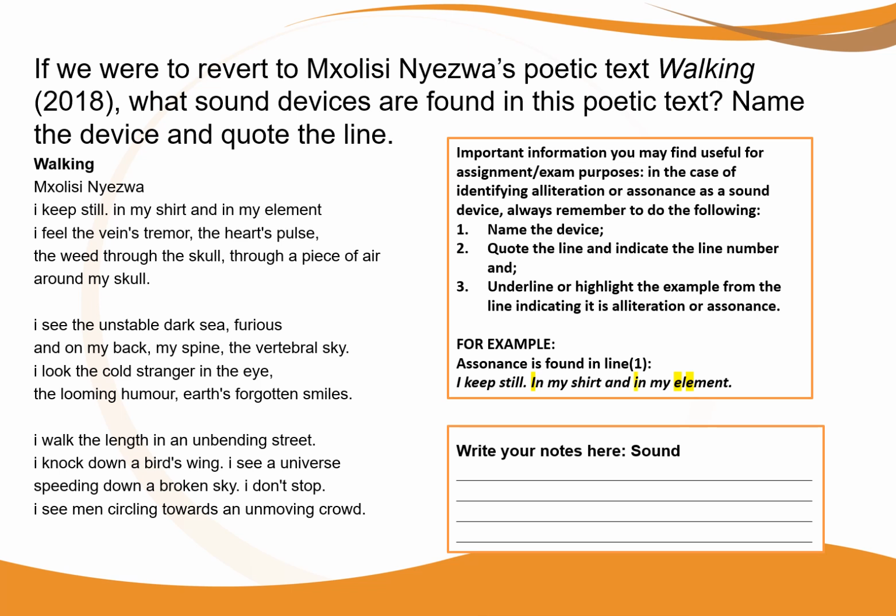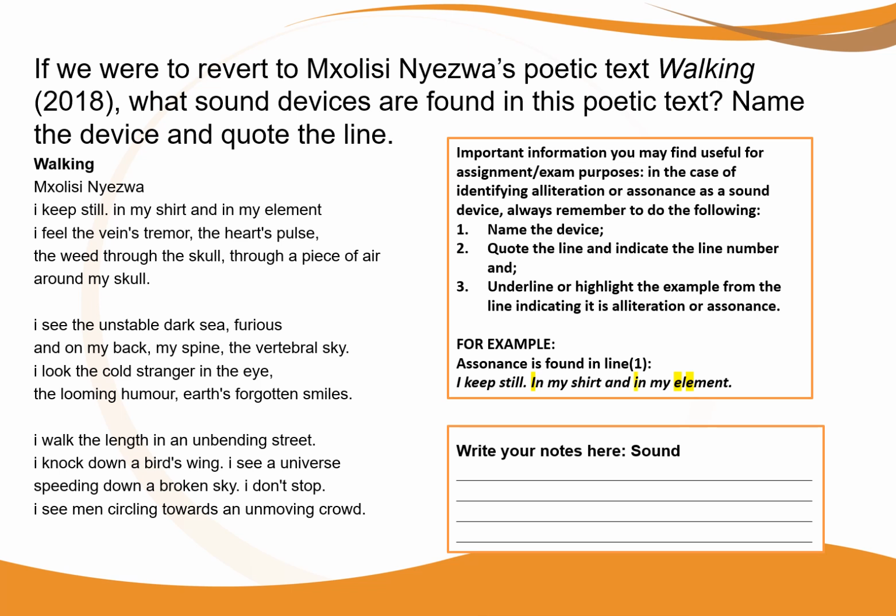You quote the line, right, and indicate the line number. And within that quoted line, you need to highlight or indicate the example within that line that is indicative of assonance or alliteration.